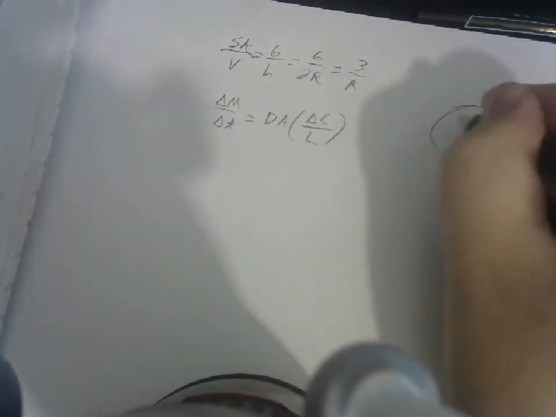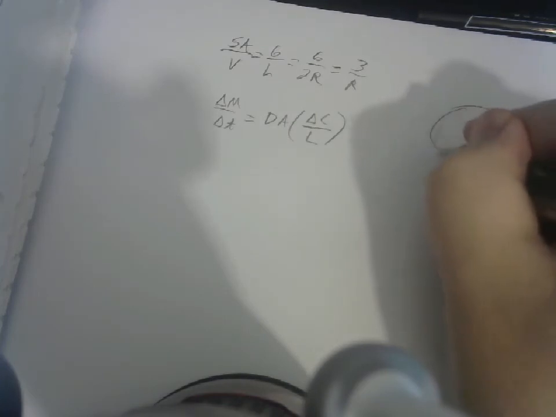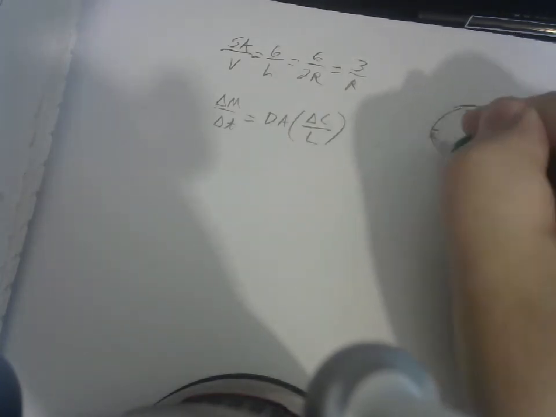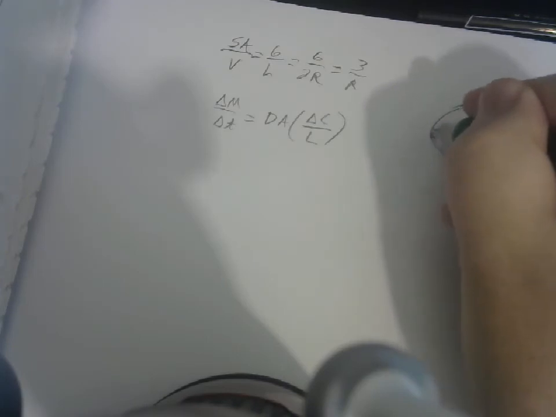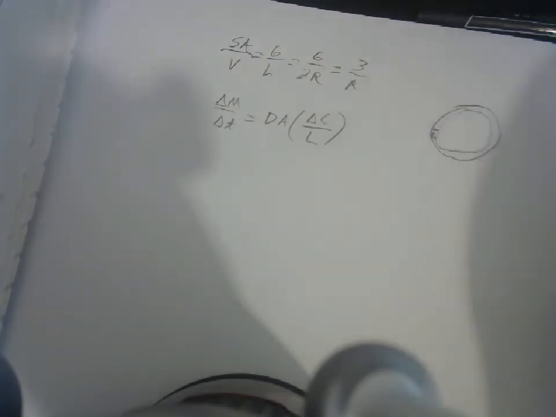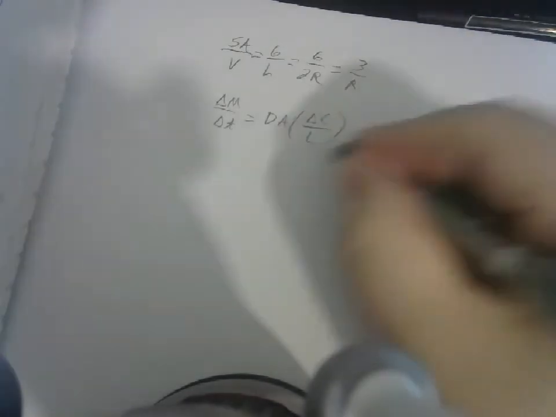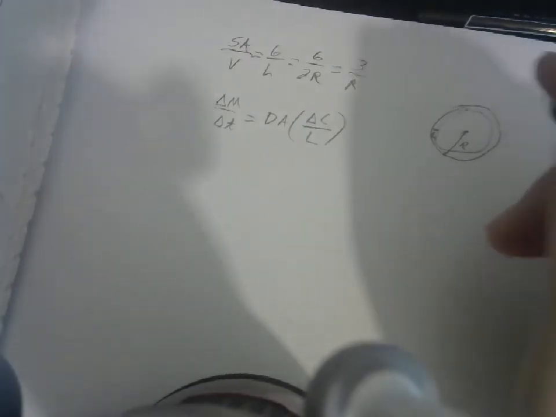Like if you had a cell like this, the L was the width of the cell wall, while R is the distance from the center of the cell to the outside. So I don't want to use the same variable for both of those.